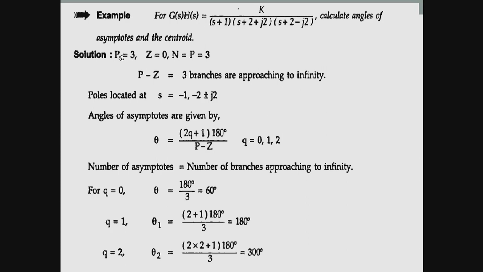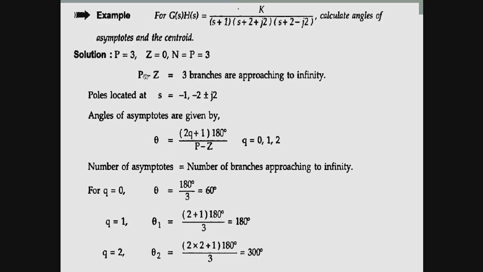Calculate the angles of asymptotes and the centroid. We know the number of poles is 3 and the number of zeros is nil. So the number of branches is equal to p, which is 3. The number of branches approaching infinity will be p minus z, which is equal to 3.